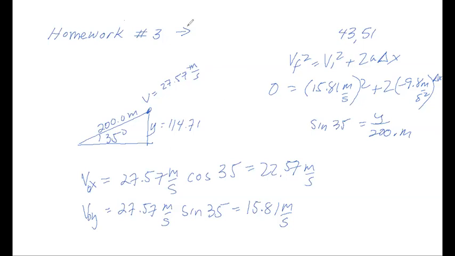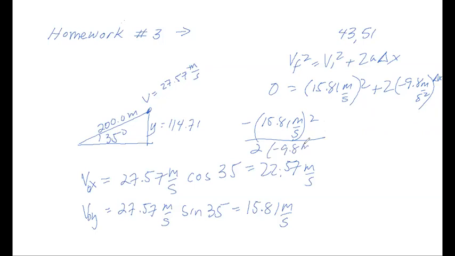So I'm going to move that over. Let me give myself some board space. I've got 15.81 meters per second squared, and I'm going to subtract it from both sides, divided by 2 times negative 9.8 meters per second squared equals delta x.